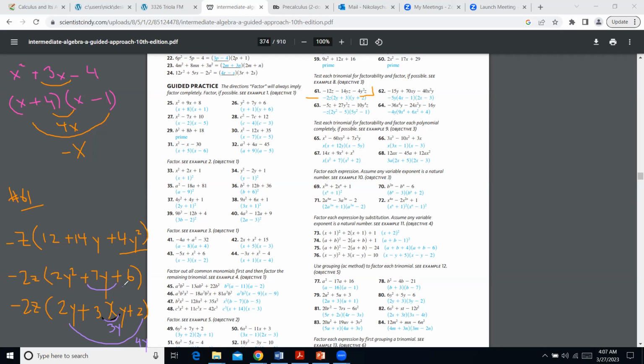So here's the factoring, and there is nothing we can factor any further. So we're done with this exercise.